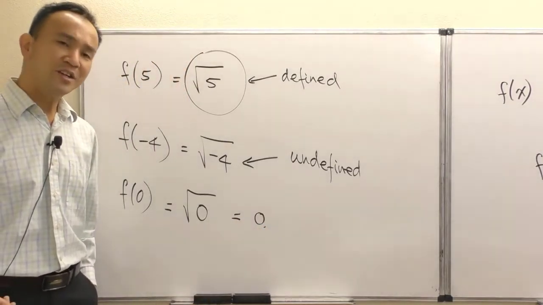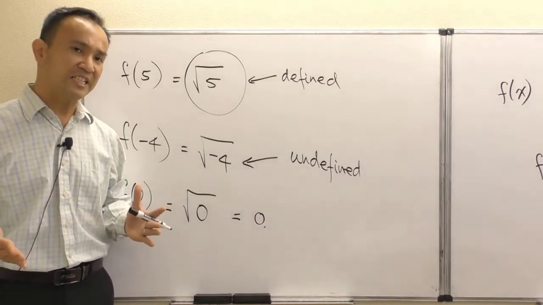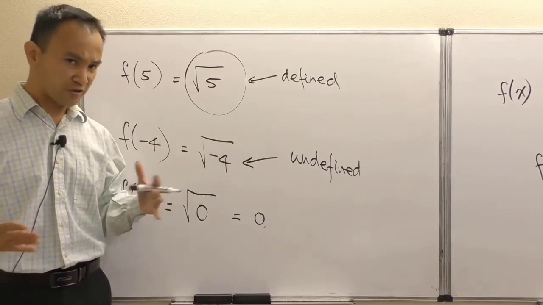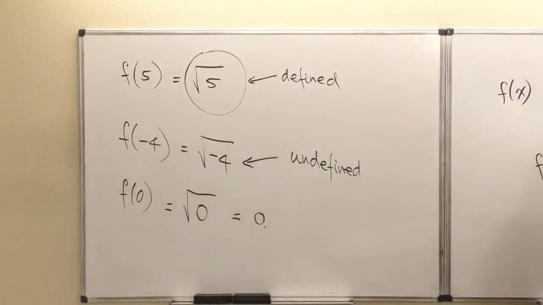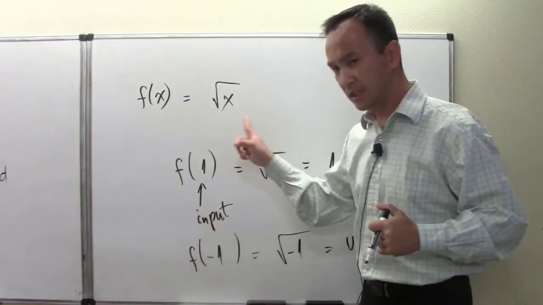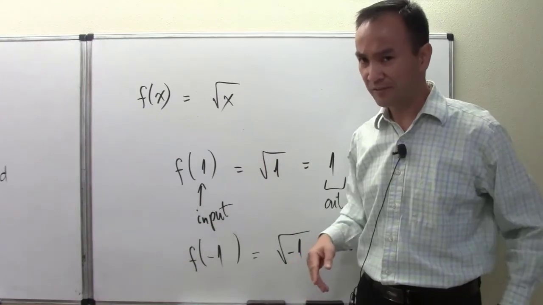Now we start formulating, generalizing for ourselves an idea as follows. For some function, like for example the function we're particularly working with, this function does not take all input values out there.